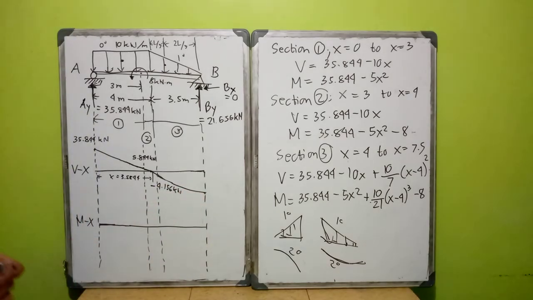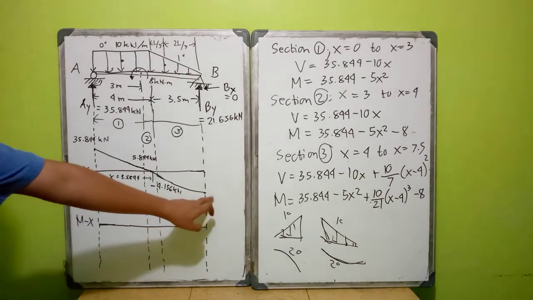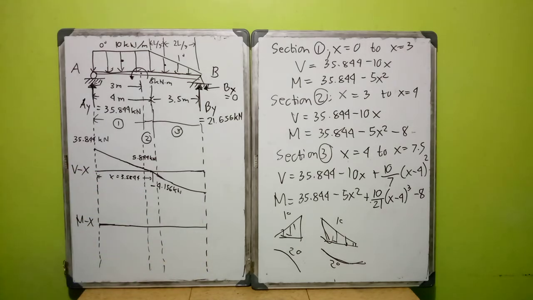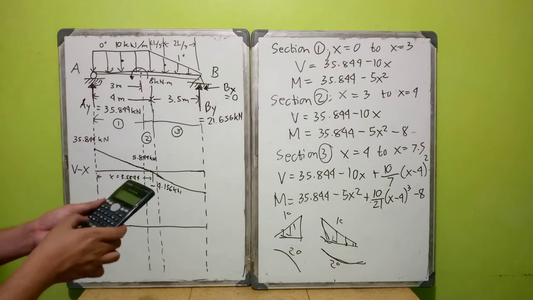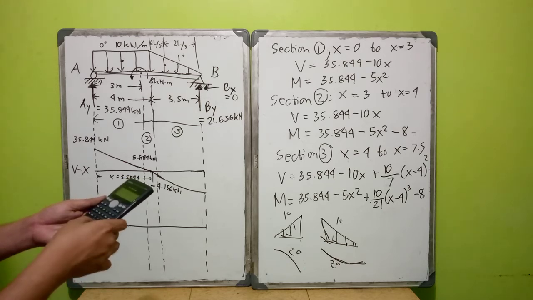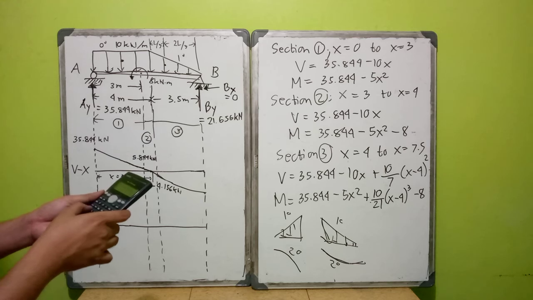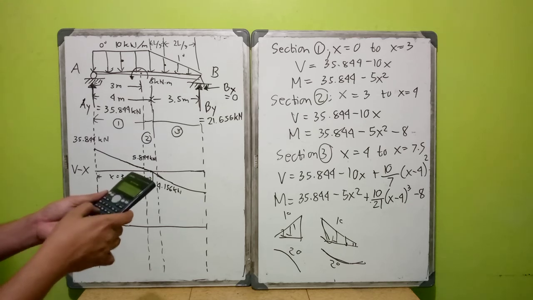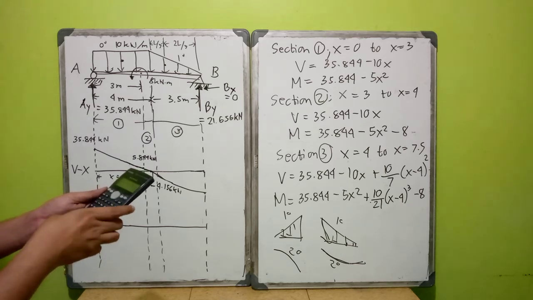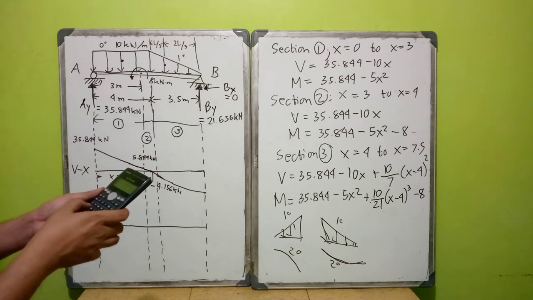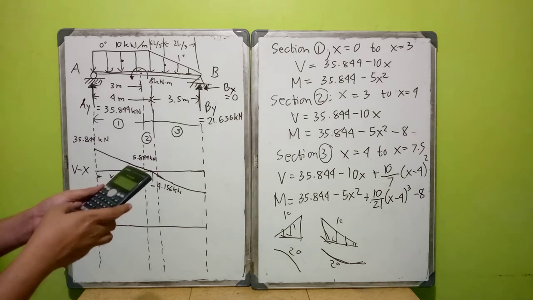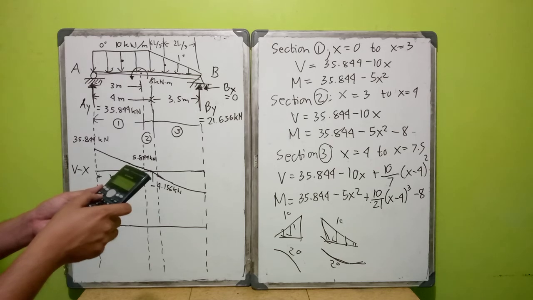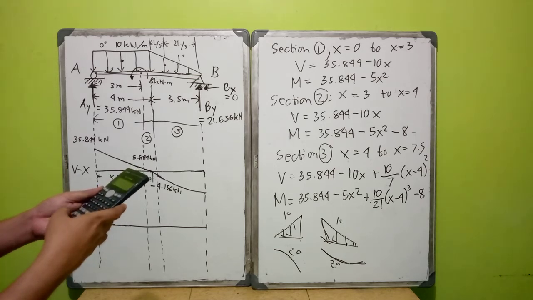So we will find its value at the end. What if x is equal to 7.5? Let's compute 35.844 minus 10 times 7.5 plus 10 divided by 7 times (7.5 minus 4) to the power of 2.